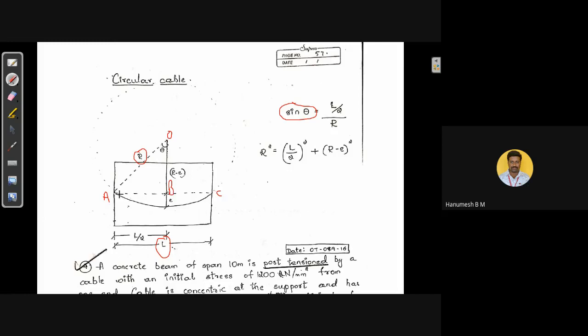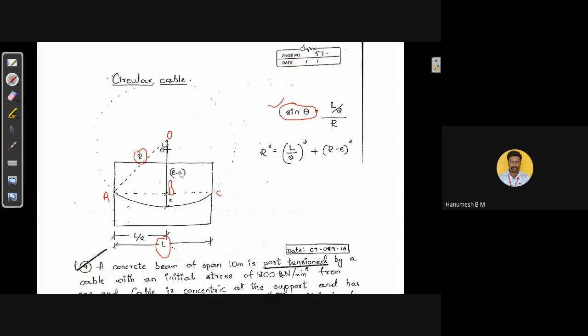AB is equal to half of the span, L by 2. What is the hypotenuse side of the triangle? It is the radius. Hence, we write sine theta is equal to L by 2 divided by R. So, this is one concept.